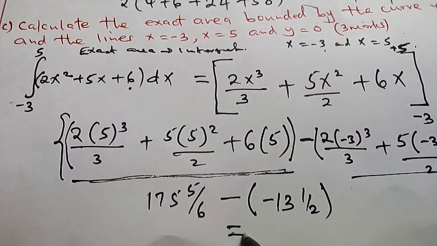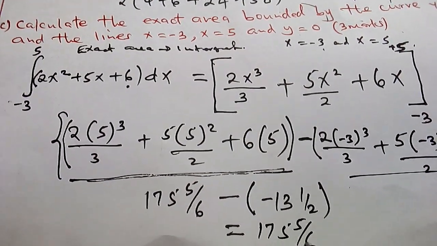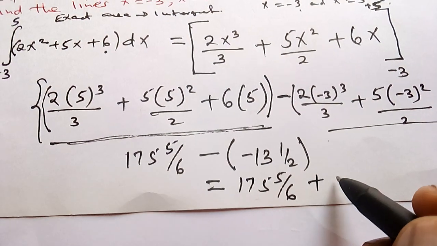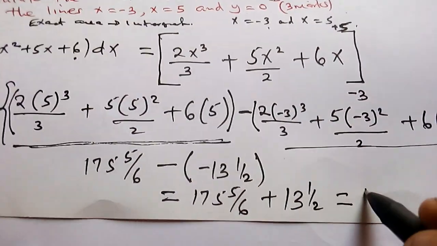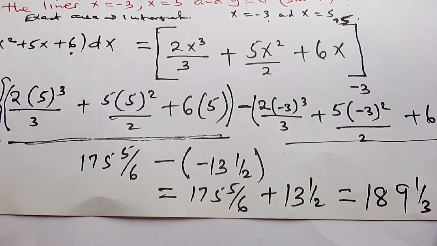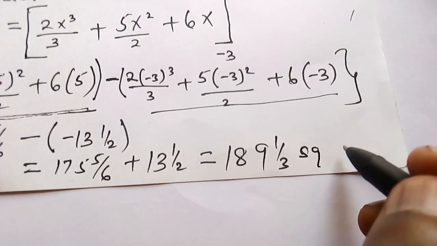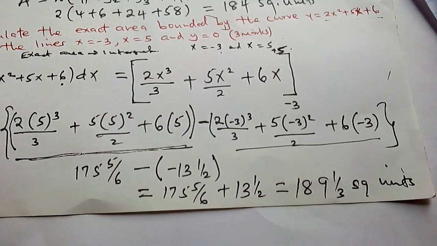So this one, a negative, we are going to have 175 and 5/6 plus 13 and a half. This one should be giving you 189 and a third square units.